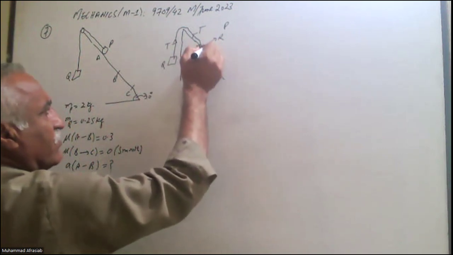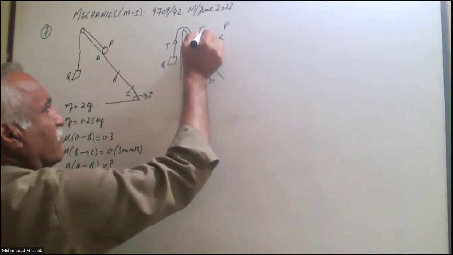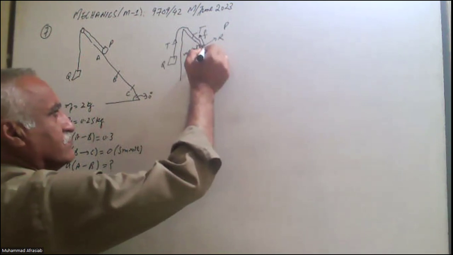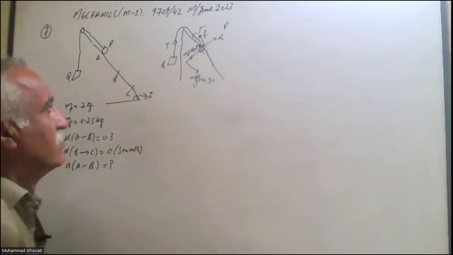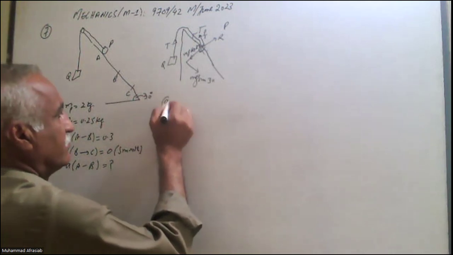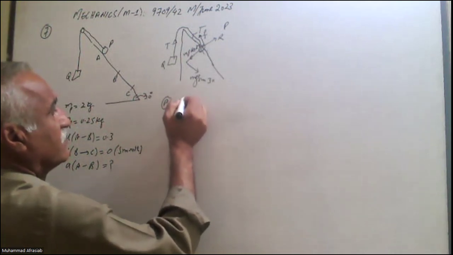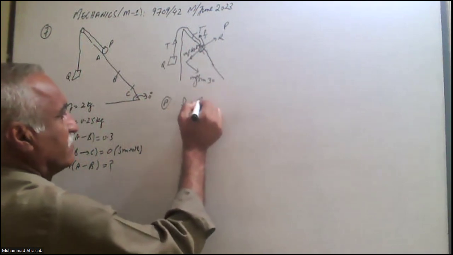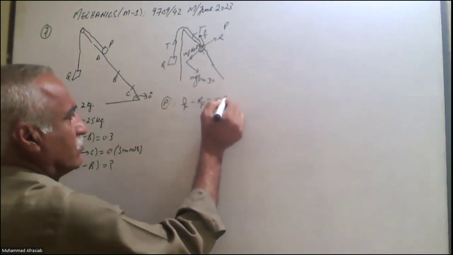Since it is moving downward, the friction acts upward. So for particle P, the driving force minus the resistive force is equal to ma.